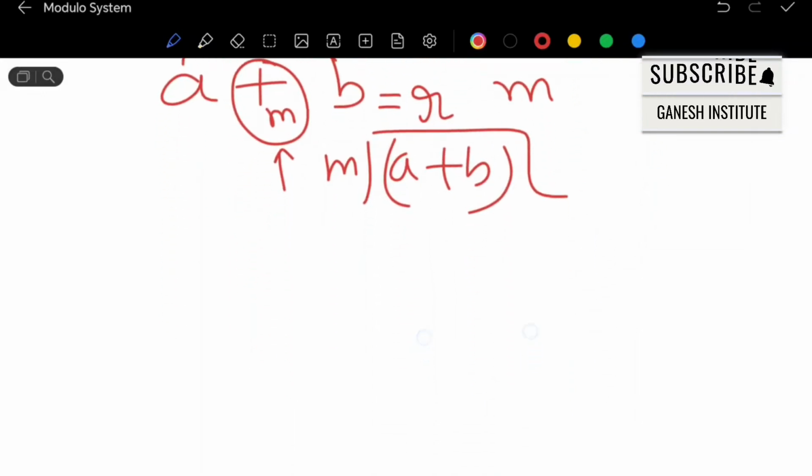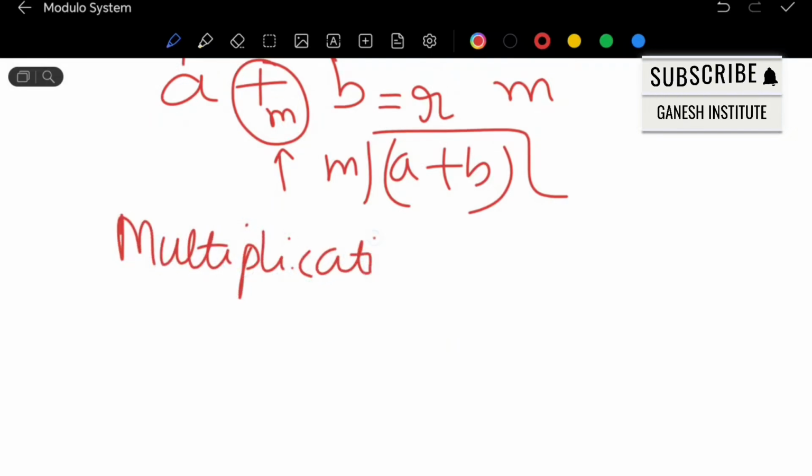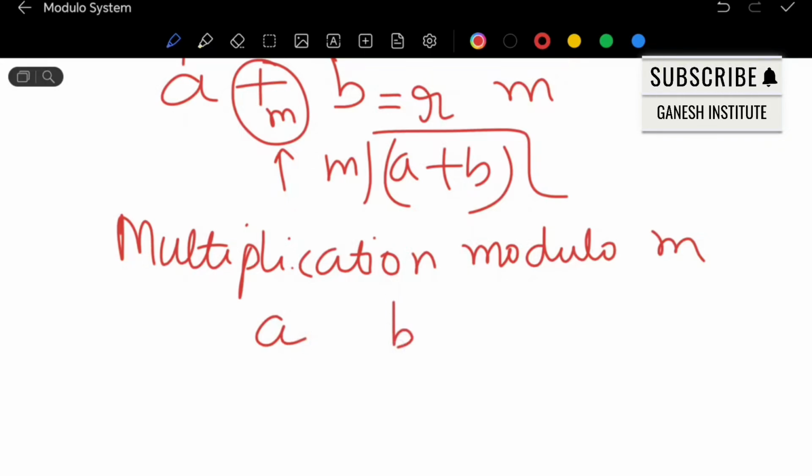Now, when we have multiplication modulo m, similarly, you can apply the same fundamentals here. Multiplication modulo m, you have a and b, but here the multiplication modulo m will again give the remainder.